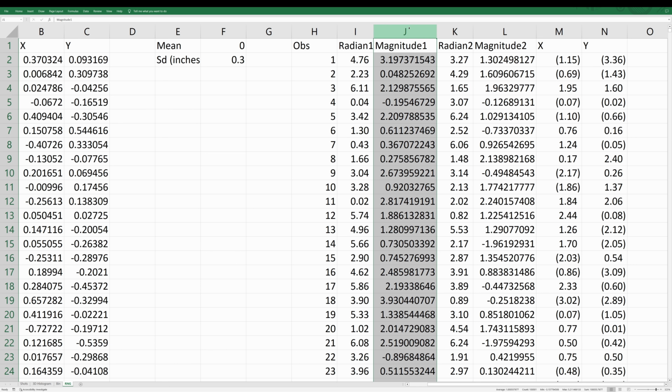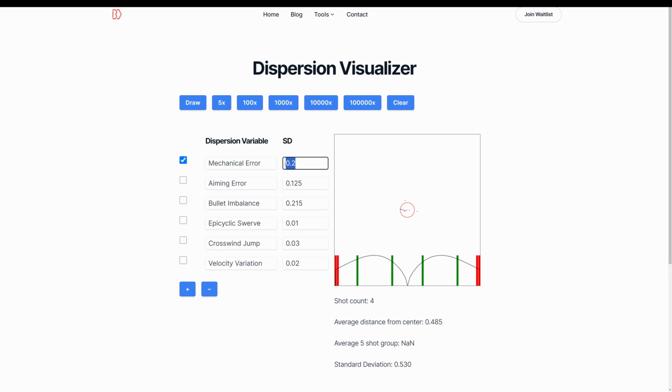Now, what's odd with this is that to generate a random angle, you can't use a normal distribution because that doesn't really make sense. You kind of need to use a uniform distribution, and the magnitude can be a random normal distribution, but in order to do that, you need both a mean and a standard deviation. Now, on his visualizer, he only allows for a standard deviation and not a mean, and so I really don't know exactly what he's doing.